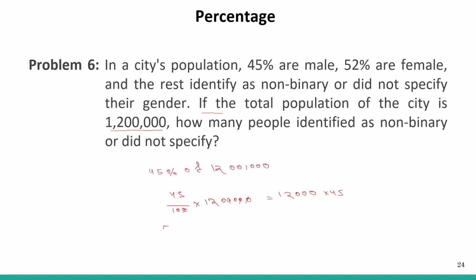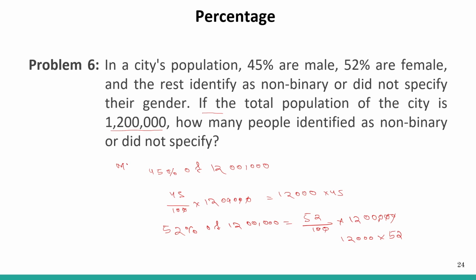And let's calculate 52% of 12 lakh. That will be 52 by 100 into 12 lakh. So it will be equal to 12,000 into 52. So how we can calculate the rest of the people, we can do it by two methods.